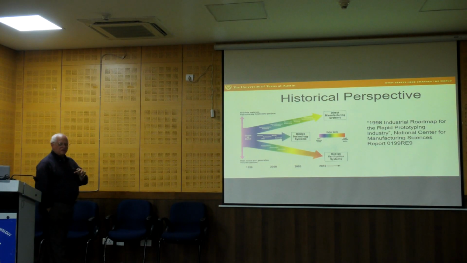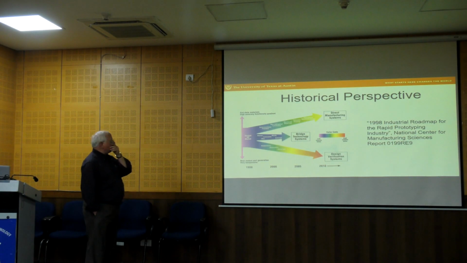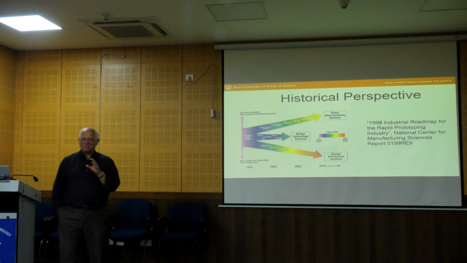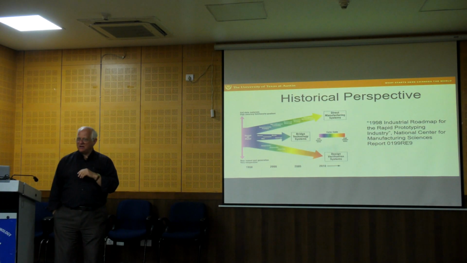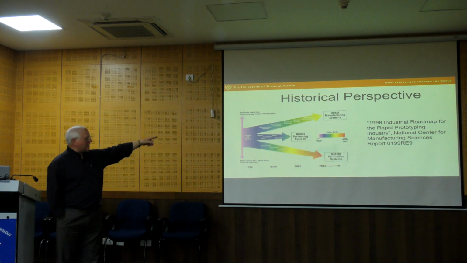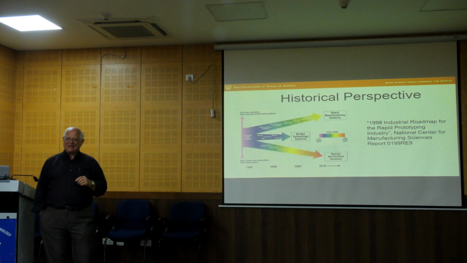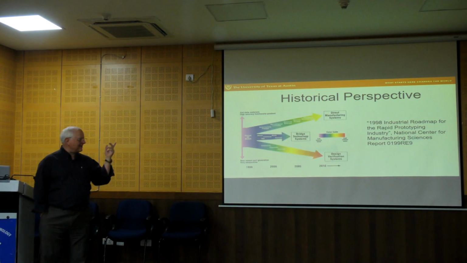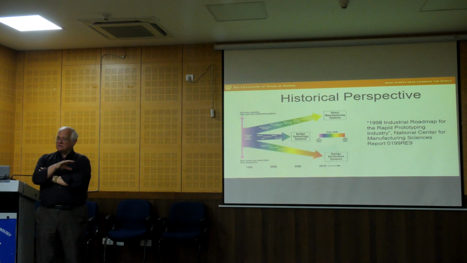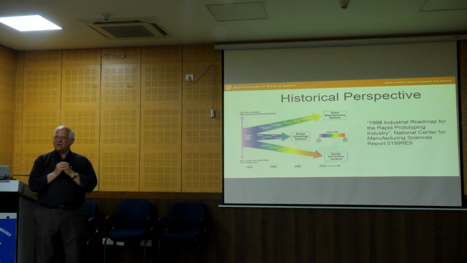So my almost last slide is on the historical perspective. There was a group that did a road mapping study of commercial additive manufacturing. They called it rapid prototyping back in those days, but what we call additive today, they called rapid prototyping in 1998. What they did is they asked basically, where is this technology going?